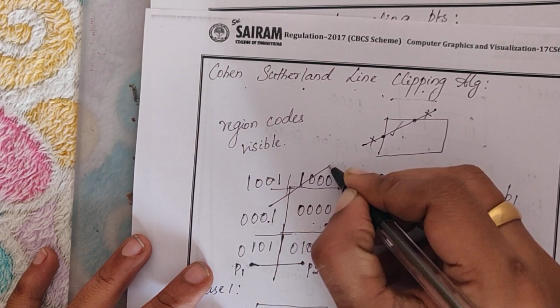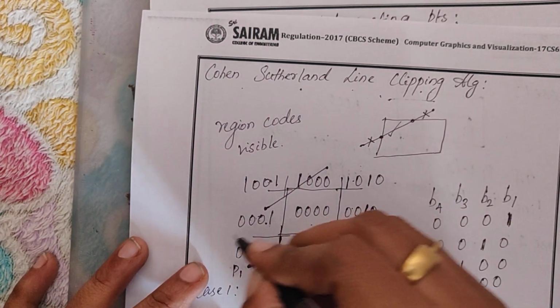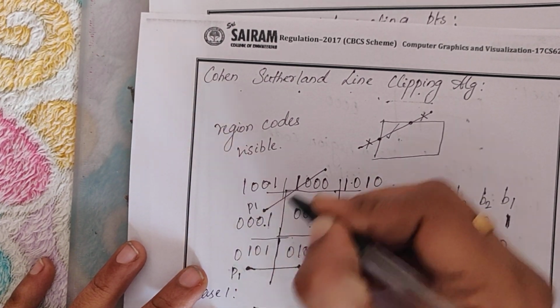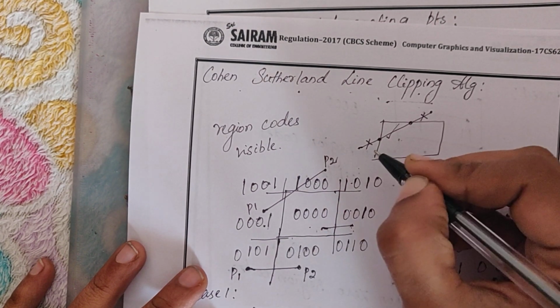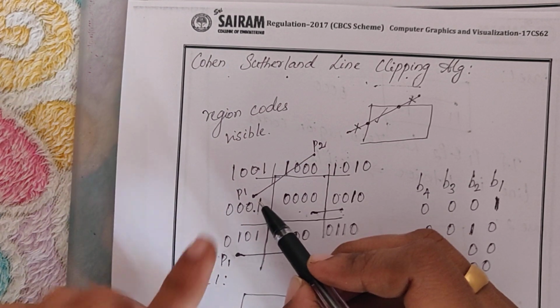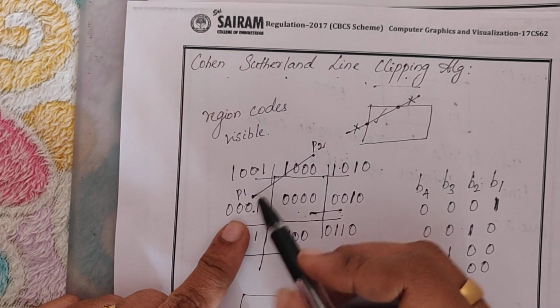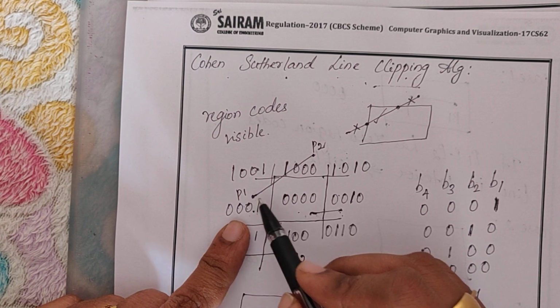Suppose my line is like this. This is my first endpoint P1, this is my second endpoint P2. Both the region codes are non-zero. If both are non-zero, what should I do?